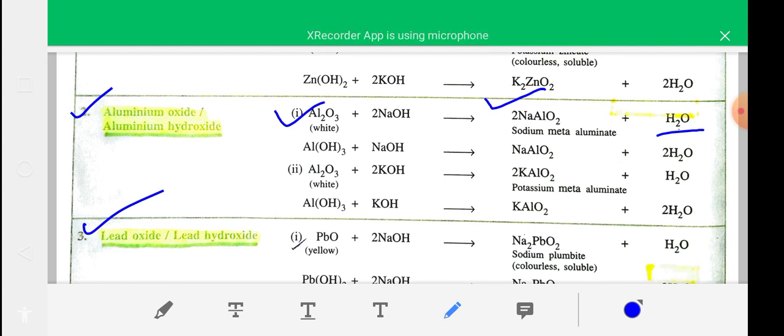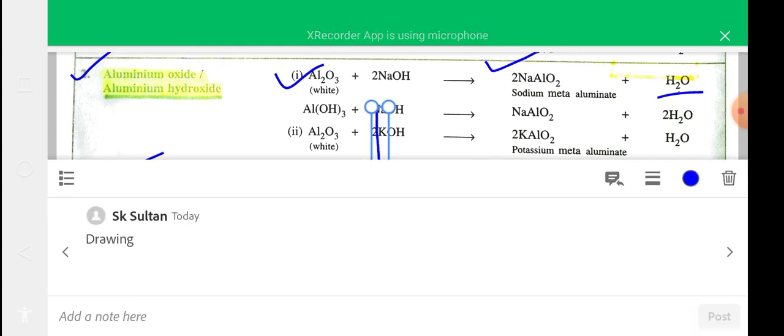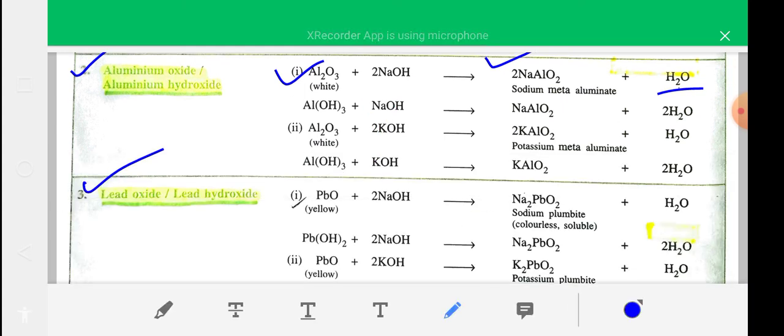And when lead oxide PbO, a very important reaction. When PbO, lead oxide, which is yellow in color, is treated with sodium hydroxide or potassium hydroxide, you will get a colorless soluble salt, sodium plumbite Na2PbO2 or potassium plumbite K2PbO2, and water.